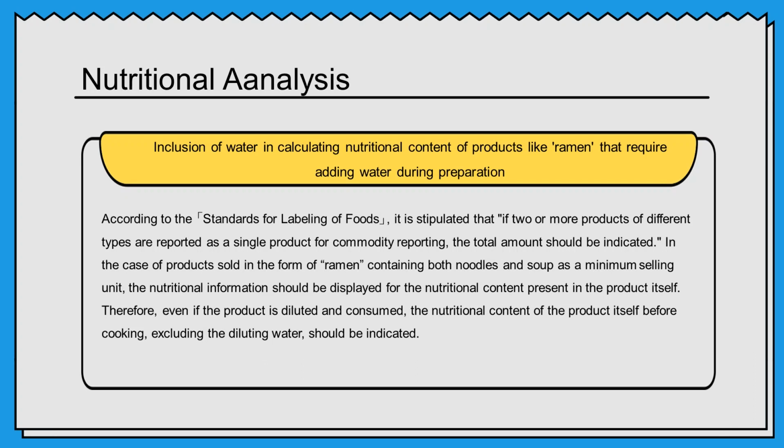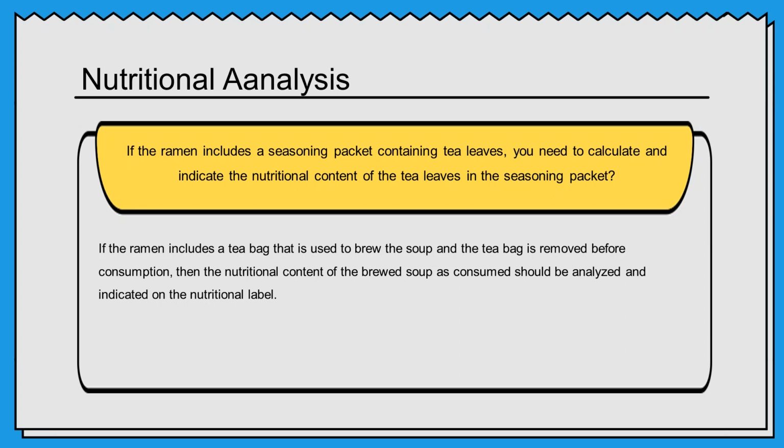Therefore, even in the case of products like ramen, which include noodles and soup, and are sold as a minimum unit, if the product is consumed after dilution, the nutritional content of the product itself before cooking, excluding the diluting water, should be indicated. If the ramen includes a tea bag that is used to brew the soup and the tea bag is removed before consumption, then the nutritional content of the brewed soup as consumed should be analyzed and indicated on the nutritional label.